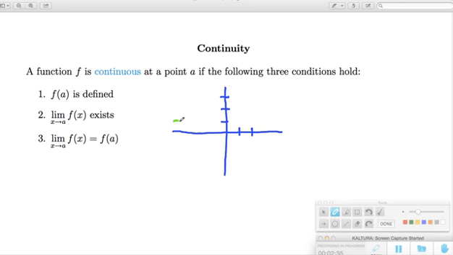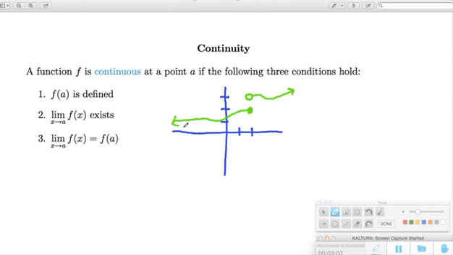Maybe it's a piecewise defined function. So it goes along like this, stops at x equals 2, y equals 2, and has a closed circle there. And then the function actually changes, has an open circle here, and then goes on from there. Well, first off, notice that this is still a function because it passes the vertical line test, but it doesn't look like a continuous function.